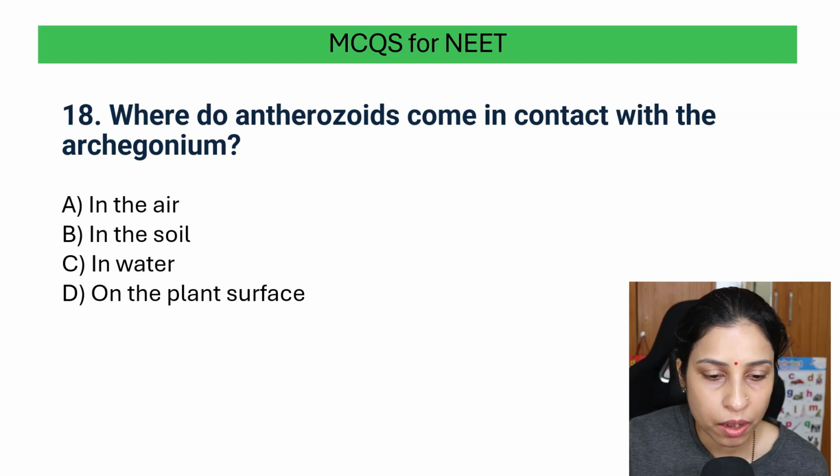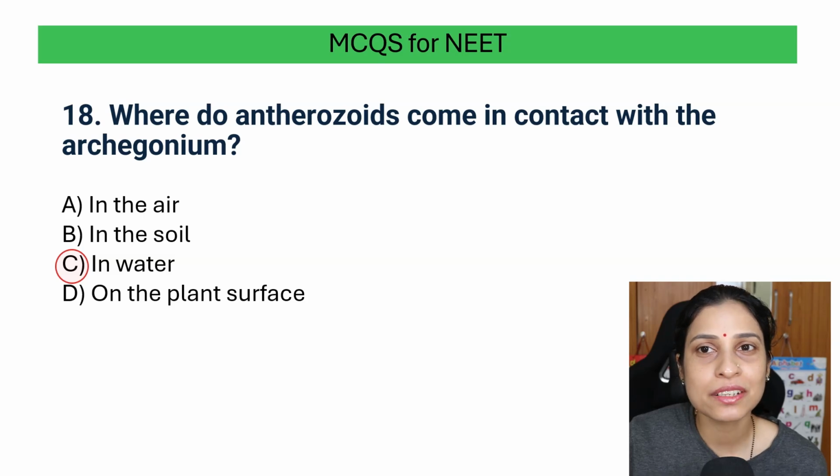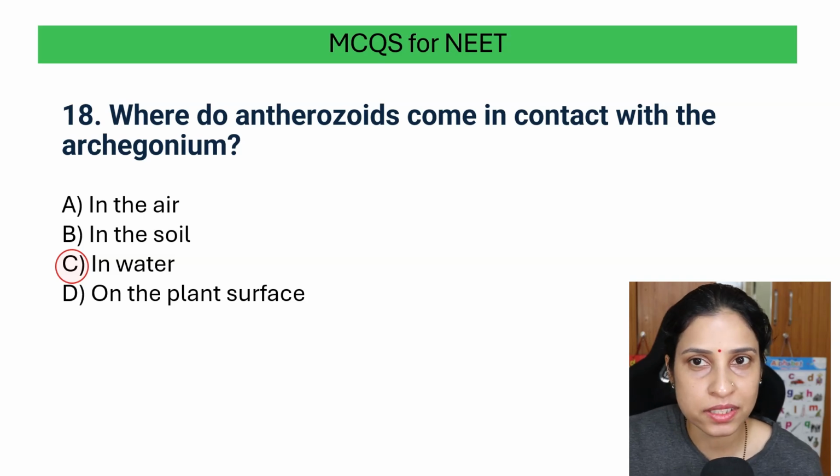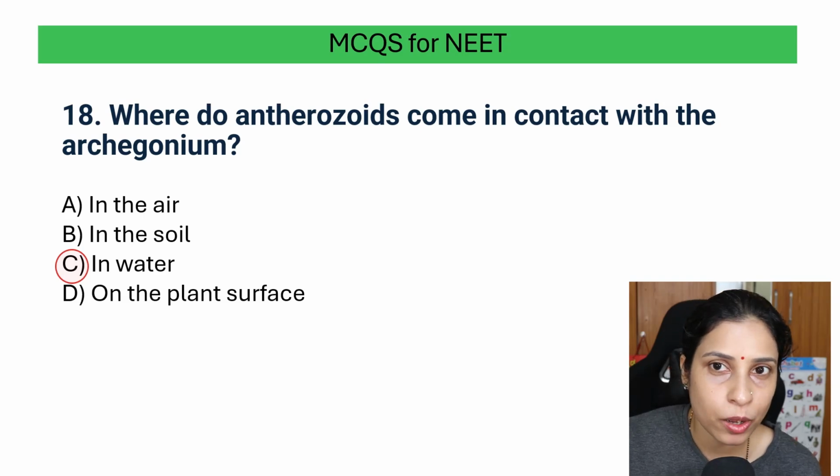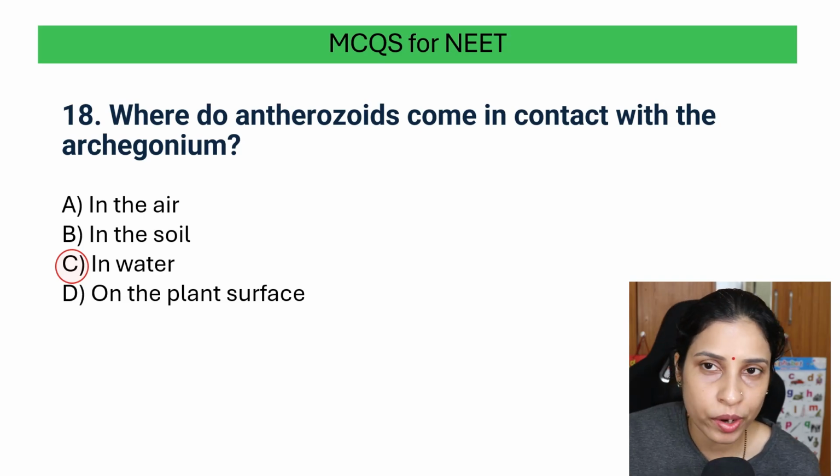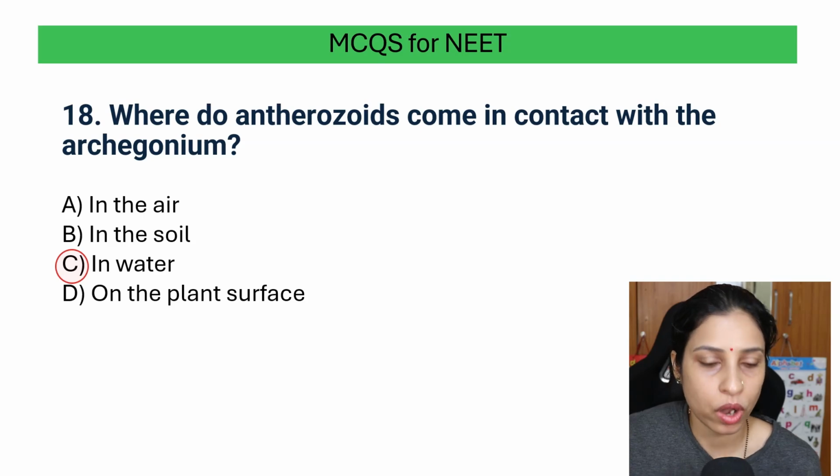Where do antherozoids come in contact with the archegonium? In the air, in the soil, in water, or on the plant surface? In water. As we all know, for the completion of the sexual life cycle, it requires water, for the union of sperm with the egg. So the movement of the sperm requires water.